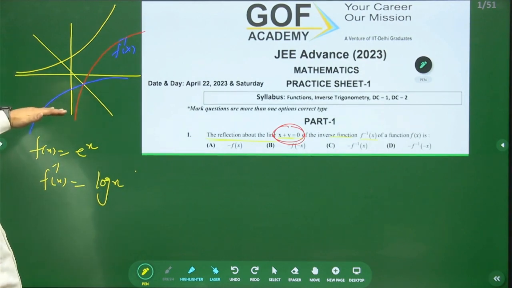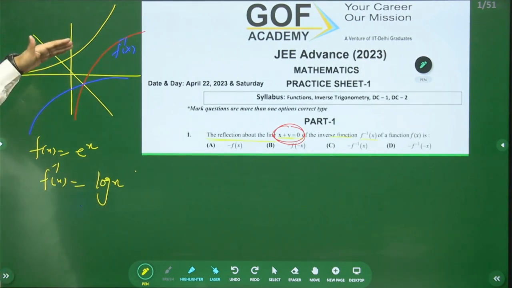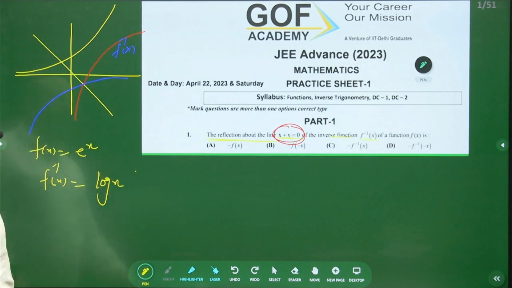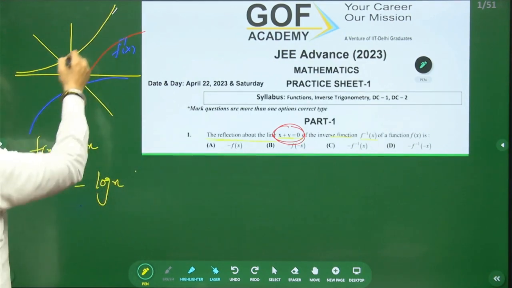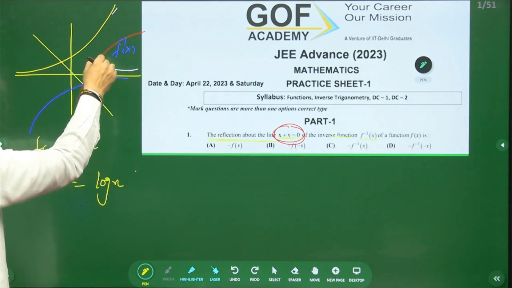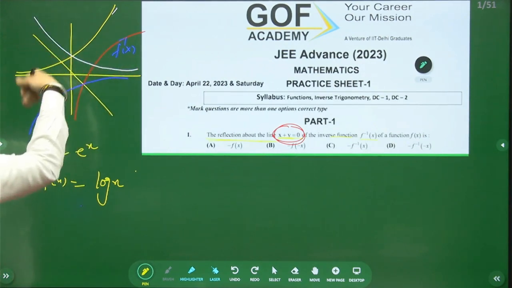Now I have to make this with reference to this. The function should come like this, then only it will be its reflection.